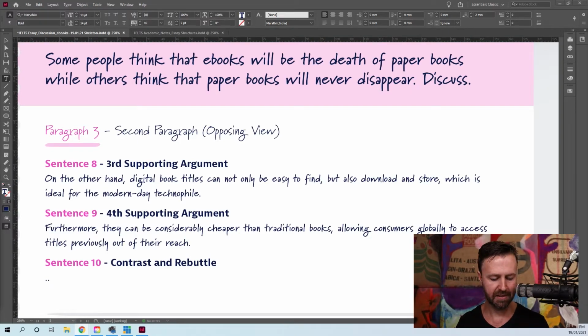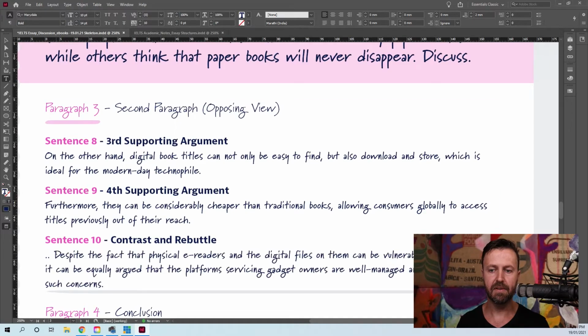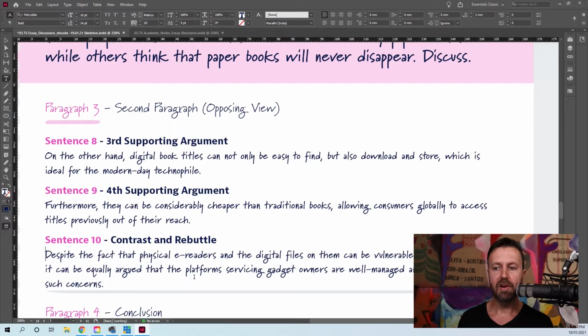Let's do our last little sentence here, and this one here is focusing on what we talked about before. So we've got here, despite the fact that physical e-readers and the digital files on them can be vulnerable to cyber attacks, it can be equally argued that the platforms servicing gadget owners are well managed and help guard against such concerns.